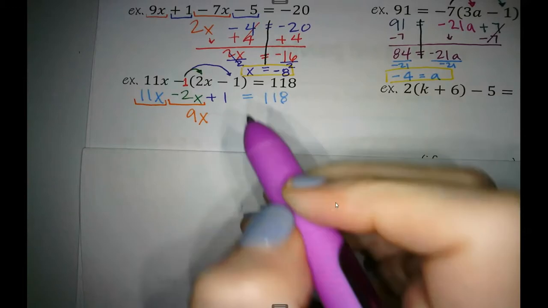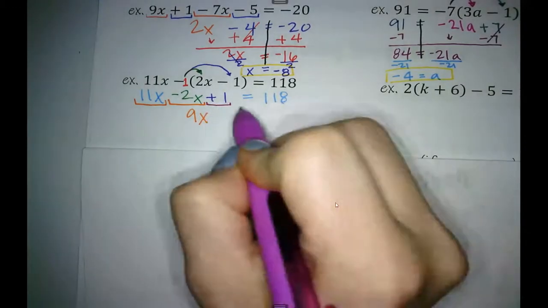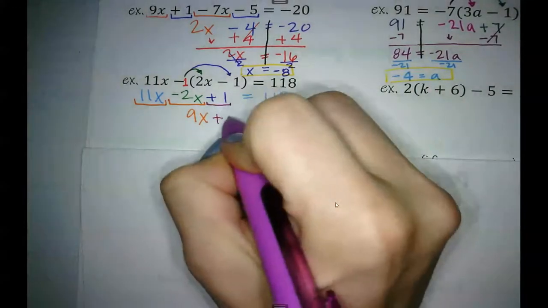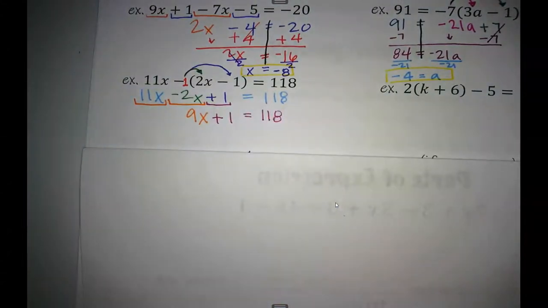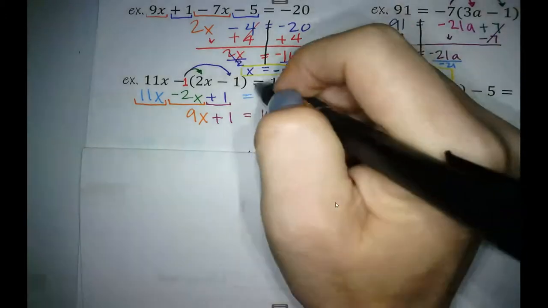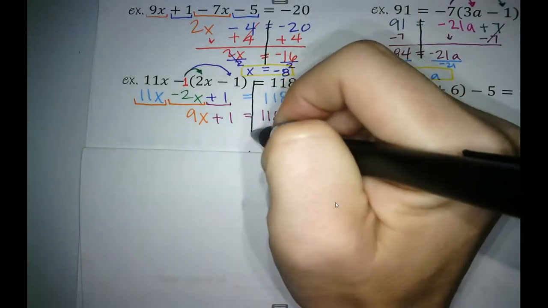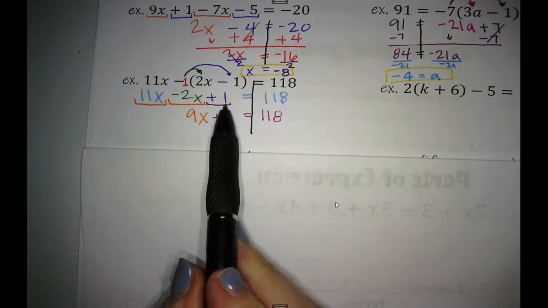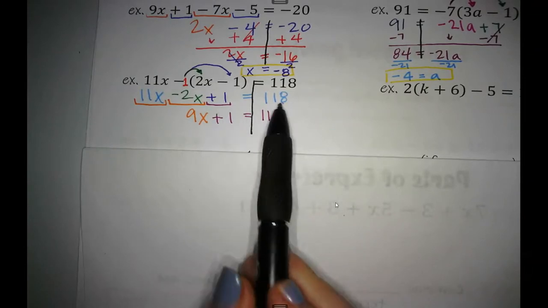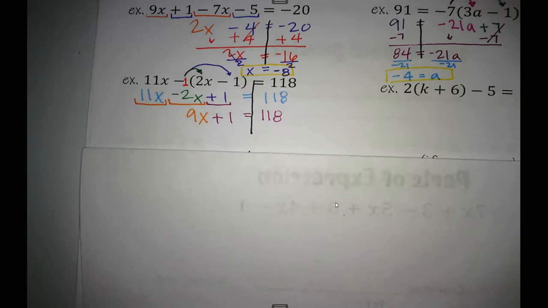We have this constant of positive 1, and we have no other constants here, so we can say positive 1, and on this side we just have 118. Remember, in these steps, we're on that wall. Just because we have a constant of 1 here and a constant of 118 here, we can't combine those. They're on opposite sides of the equal sign.